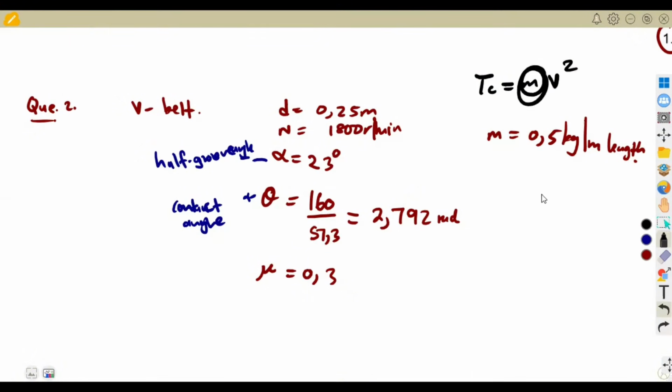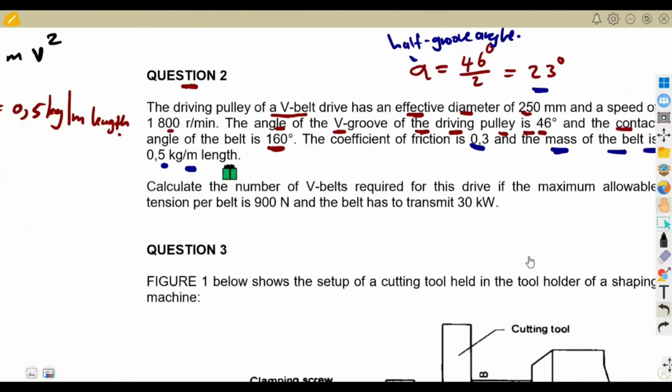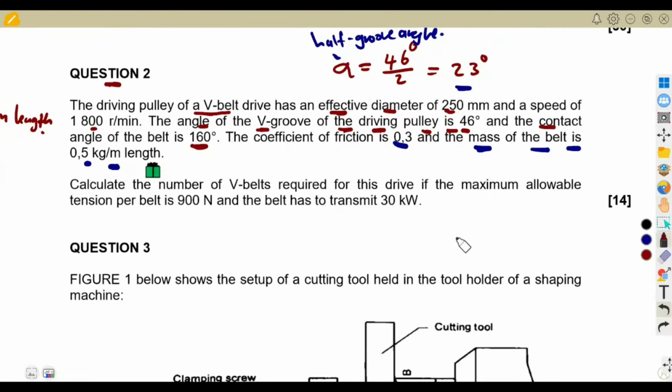So once there's mass per meter length, then you're supposed to have TC. But if you are not given the mass per meter length, there is no need for us to use TC in our ratio between T1 and T2 for our formula. You have to be careful. And also when we are dealing with a V groove, the angle has to be included, the half groove angle, the one that we divided by 2, it must be there. So you must be careful on that part.